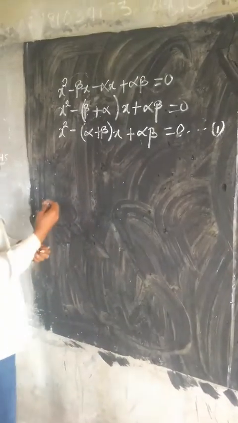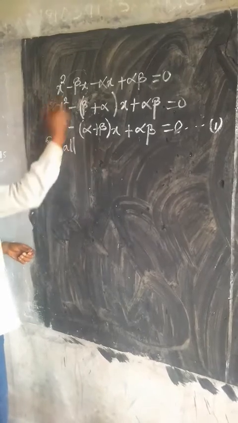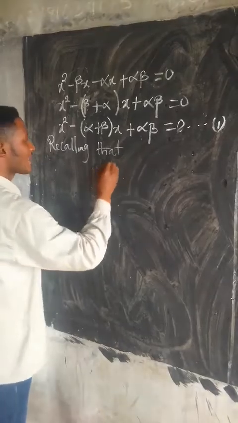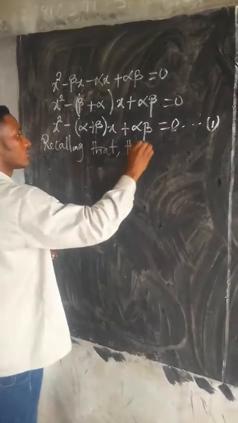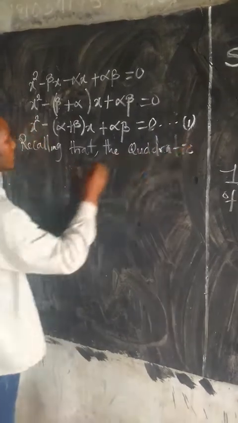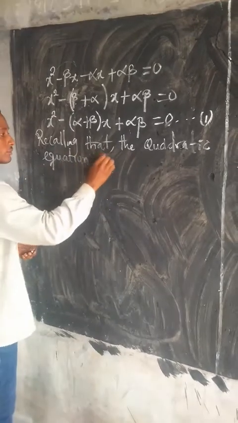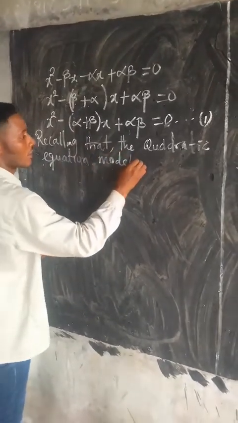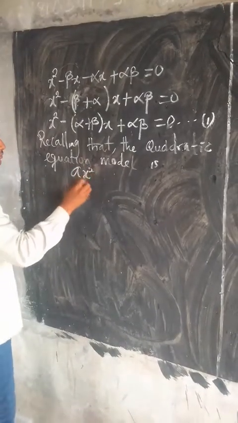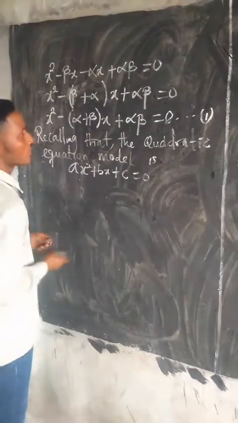Now we need to recall the model of the quadratic equation, and that is ax squared plus bx plus c equals 0.